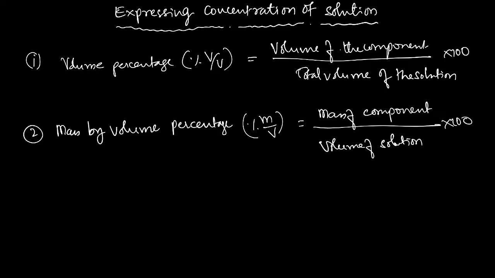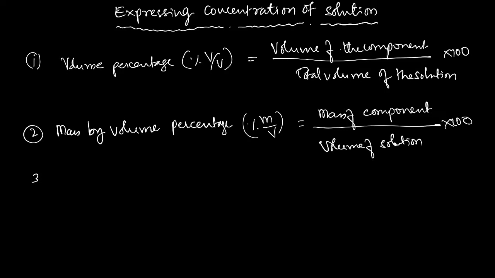Basically, it is the mass of the component or the solute in grams per 100 ml of solution. Generally this is used for medicines and other pharmacy related compounds. So that is the second quantity.